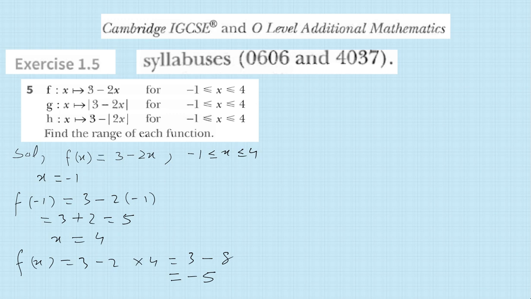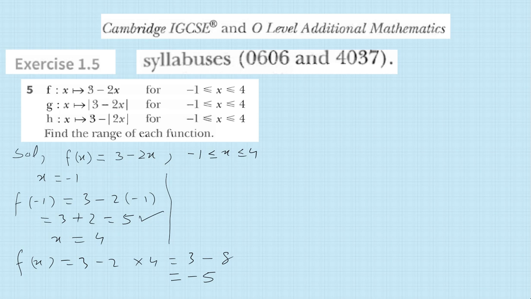Sorry, we get plus 5 and minus 5. So what I told you, is it possible to get a value which is less than minus 5 and which is greater than plus 5? You can verify by putting the values of the domain of x from -1 to 4. But because I have already done this question, it is not possible to get smaller than minus 5 or greater than plus 5.